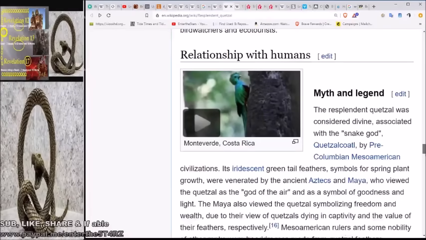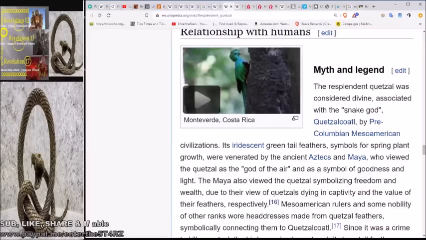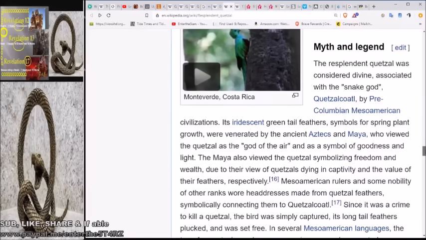Myth and legend, the resplendent Quetzal was considered divine, associated with the snake god Quetzalcoatl. The Aztec and the Maya viewed it as the god of the air. We know who the ruler of the air is, do we not?